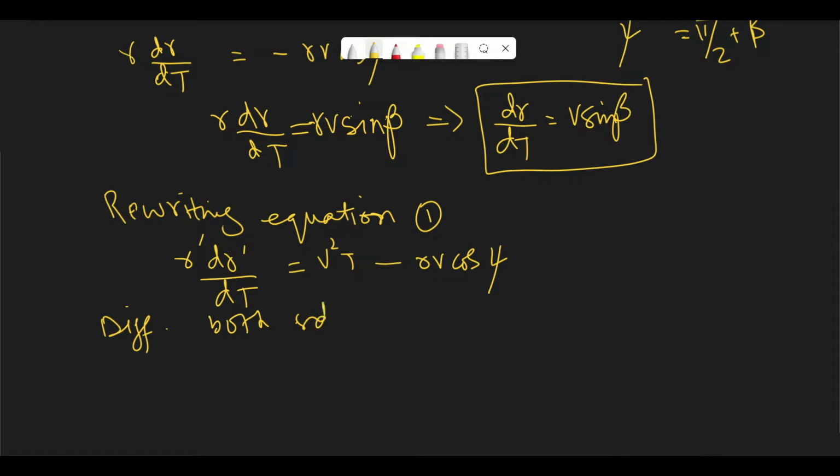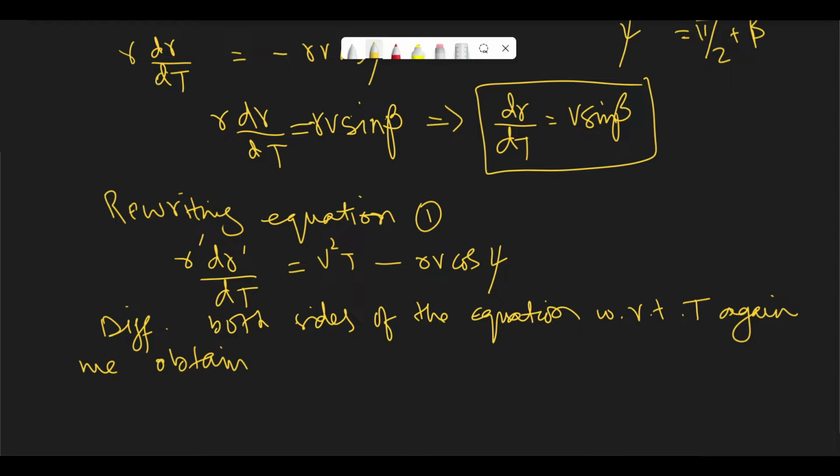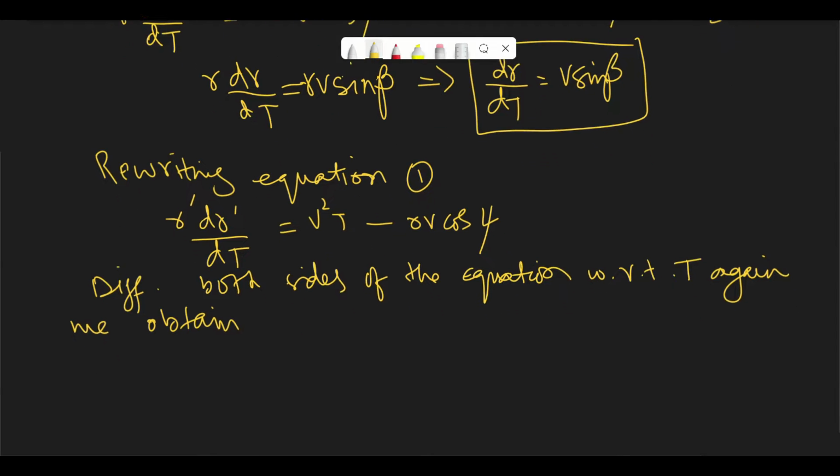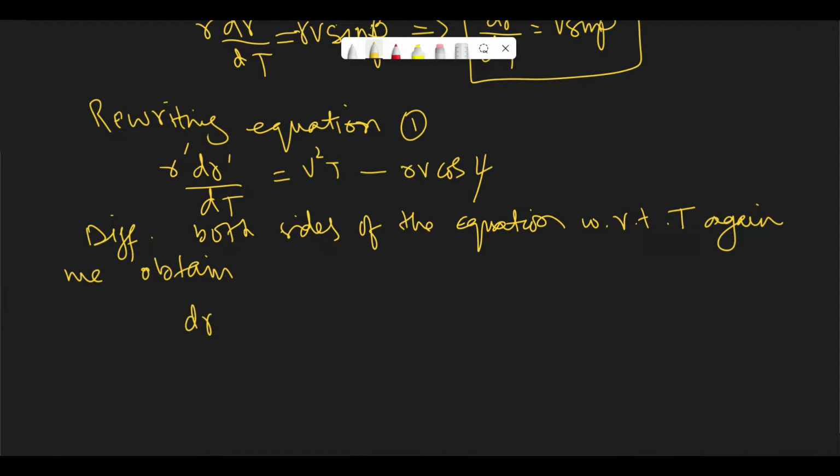Differentiating both sides of the equation with respect to t again, we obtain dr prime over dt whole square plus r prime d square r prime over dt square is equal to v square minus 0, because r, v and cos phi are constants.